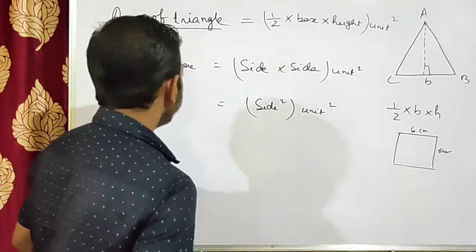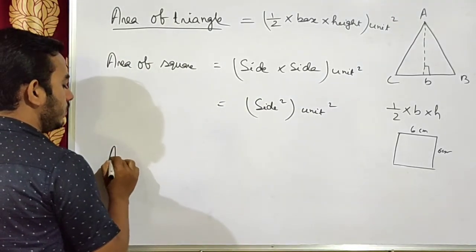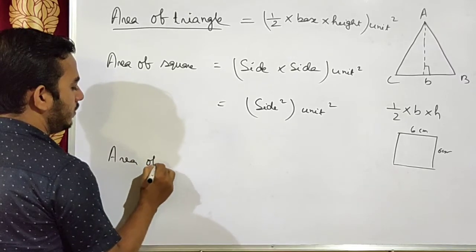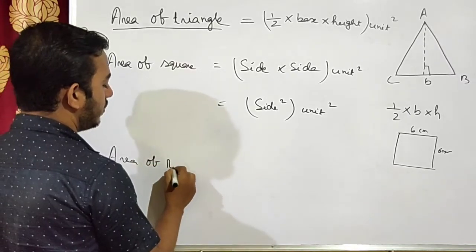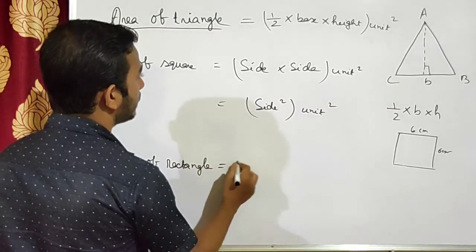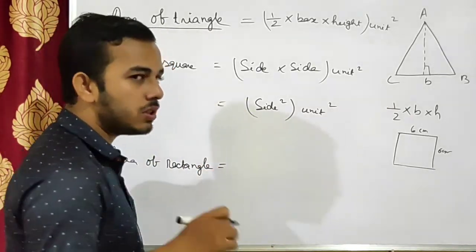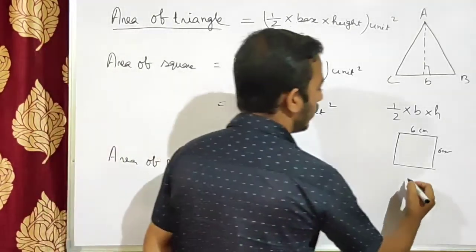Next is area of a rectangle. Now what is a rectangle? A rectangle is a four-sided closed figure in which opposite sides are equal, isn't it?